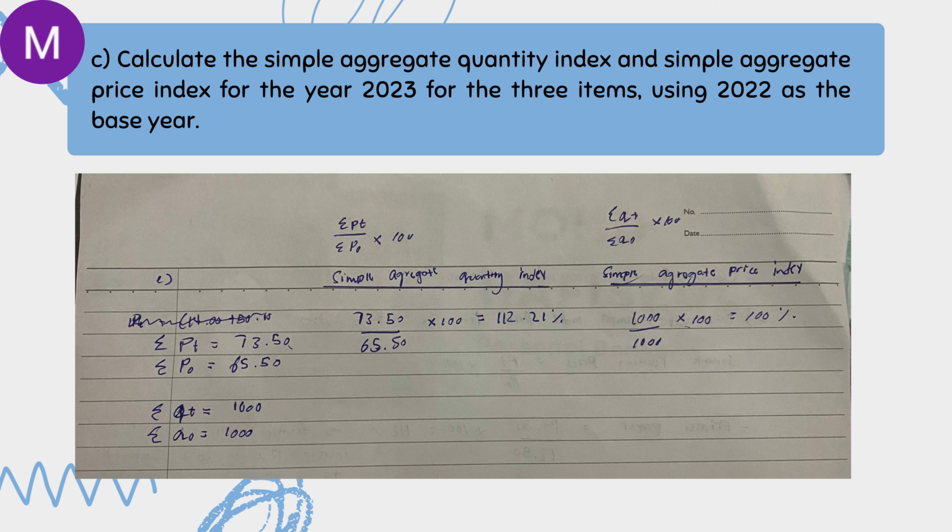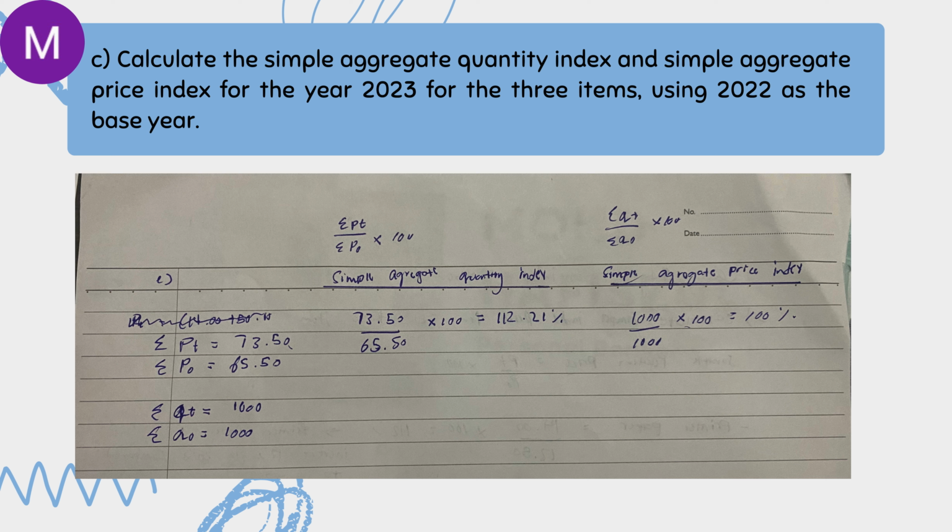So here the formula is total PT over total P0 times 100. When we total up the prices for 2023, we got 73.50, and for 2022 we got 65.50.